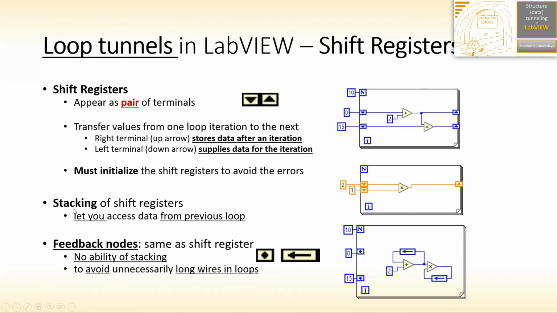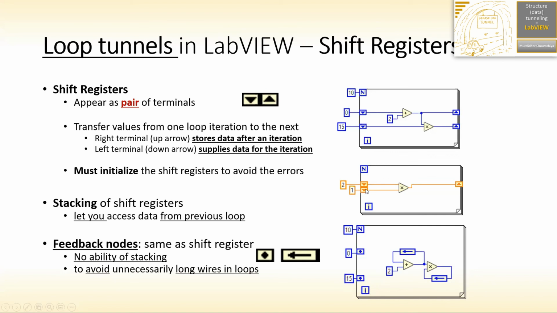Then there is another option called stacking of shift registers. Here, when you finish the cycle, this data will go here on the first loop, and this will pass here. But before that loop, what happened is stored here. This is called stacking of the data.